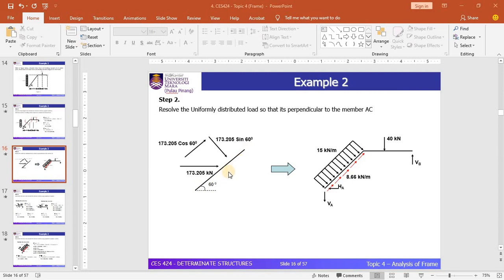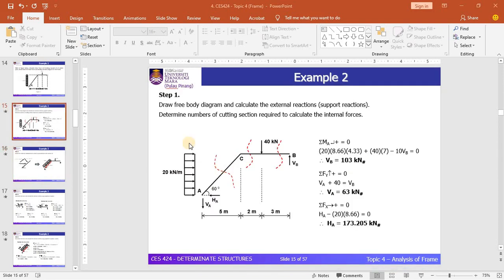The first thing that you need to do is convert this UDL into a point load, by multiplying the 20 kilonewtons per meter with the height of this frame, which is from A to C. The height of this frame can be obtained by using this angle of 60 degrees with trigonometry.